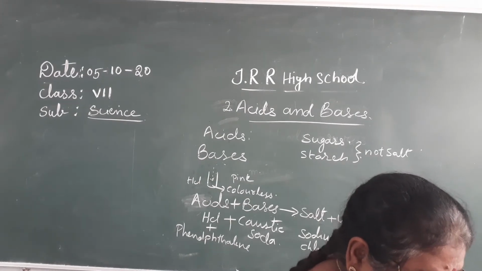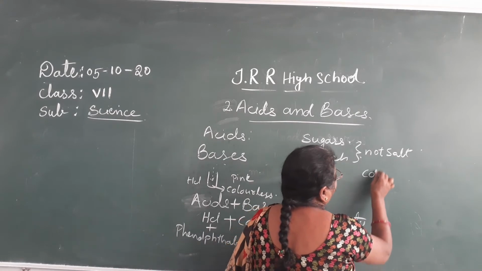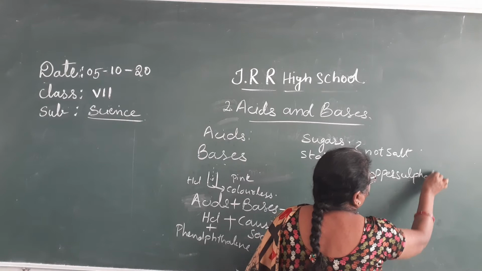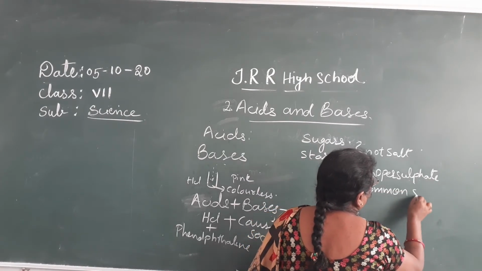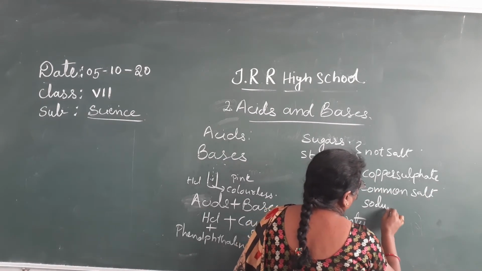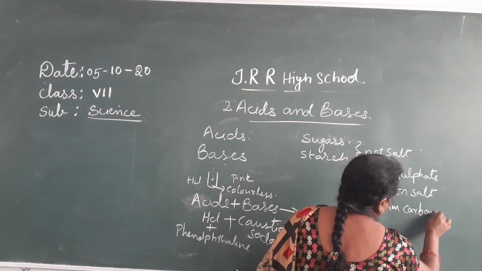You have to find out whether each is acidic or basic in nature. For example, copper sulfate, common salt, which we use at home, and sodium carbonate. We are using these salts, isn't it?